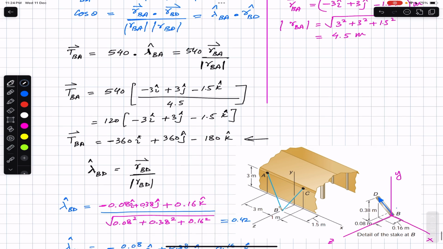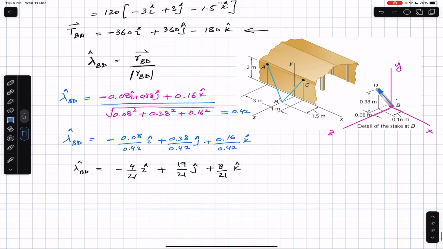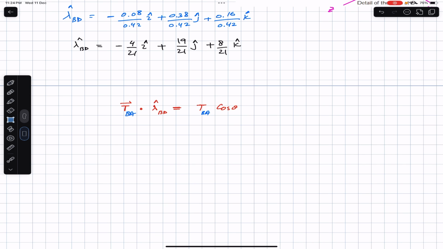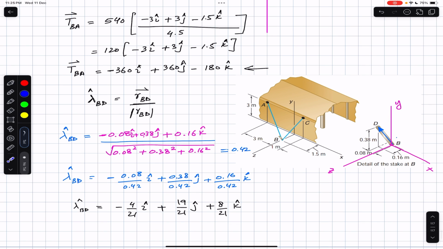Now using equation 1, we can find the angle. So this is our equation 1, and we can say that TBA cos of theta is equal to the TBA vector dot product with the unit vector from B to D. So this is the TBA vector.